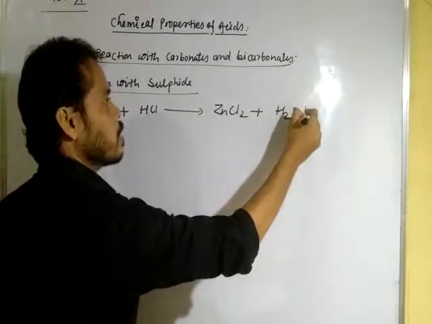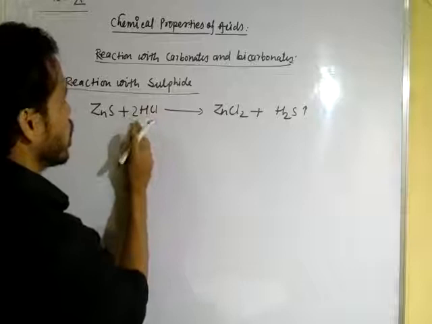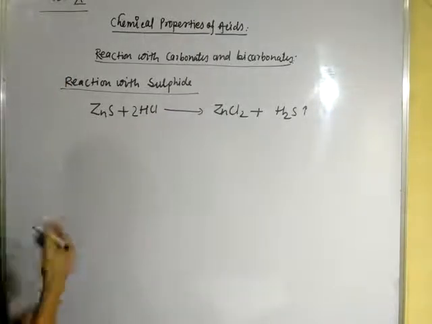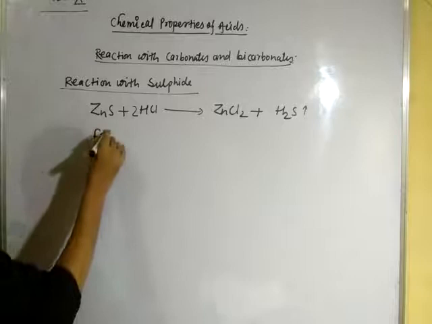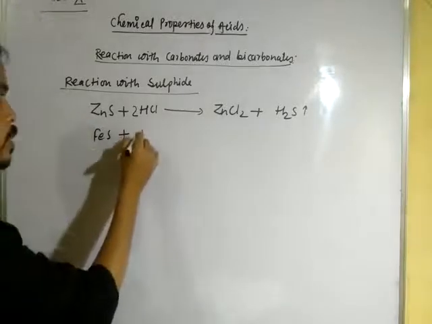H2S, hydrogen sulfide gas. Okay, to balance this reaction, multiply HCl by 2. Okay, next one is iron sulfide, FeS, also treated with H2SO4.